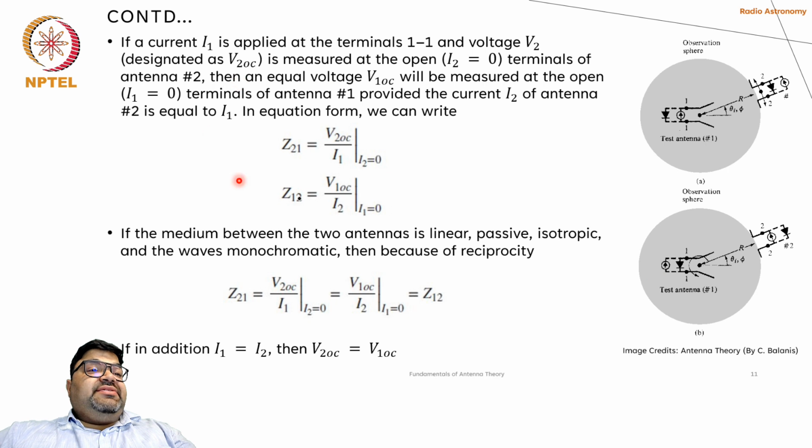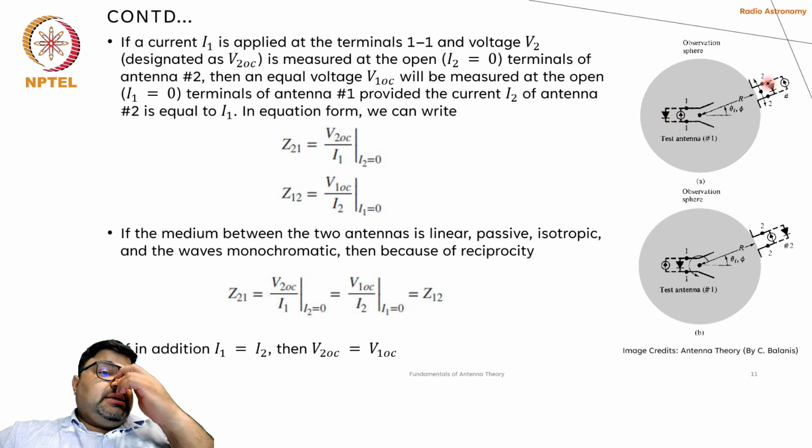So let me revisit this part again. We have the same setup, and now we are considering what Z21 and Z12 will be. Z21 is V2 open circuit, across these two terminals, divided by I1, because in this case everything is coming from here. So that is the impedance Z21.